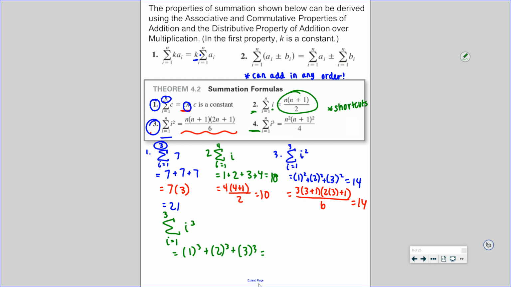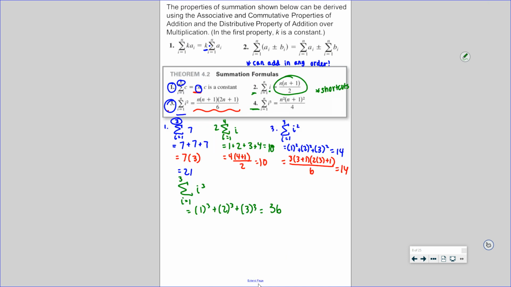So 1 plus 8 plus 27 gives you 36. The shortcut formula says, instead of doing that, you can just square n plus 1 squared, divide that by 4, and we should get the same thing. And here you would do 4 squared, 16, times 9, divided by 4. We do indeed get 36.